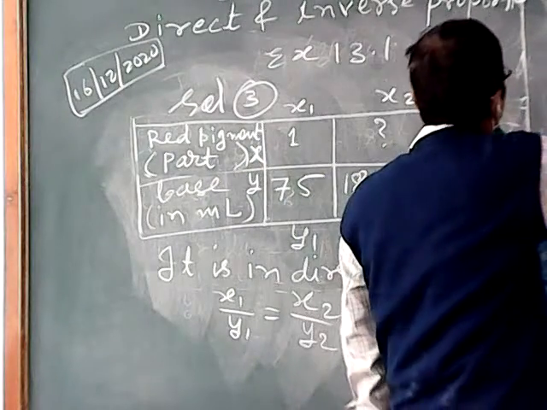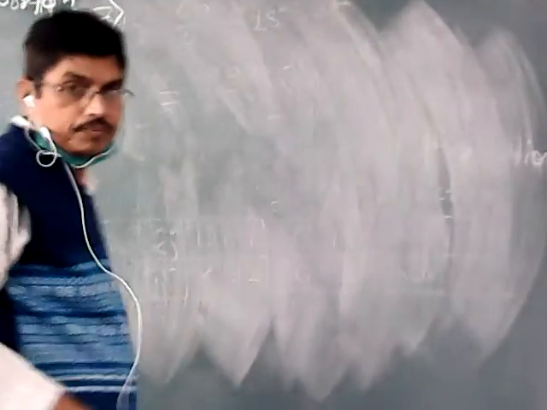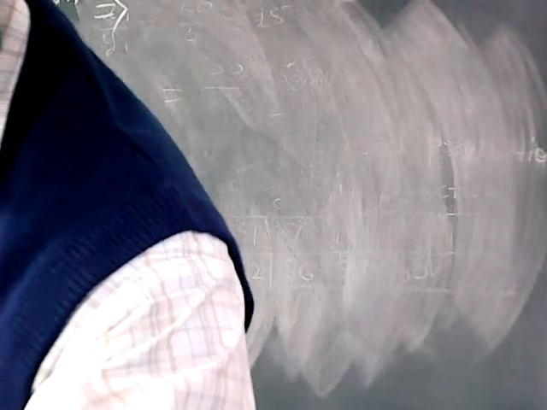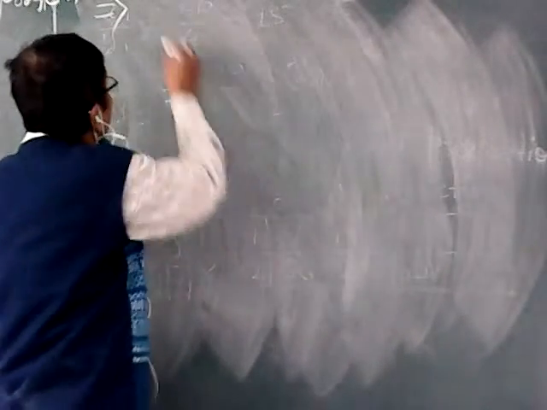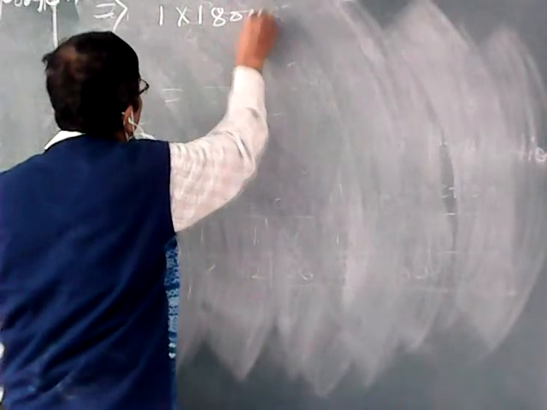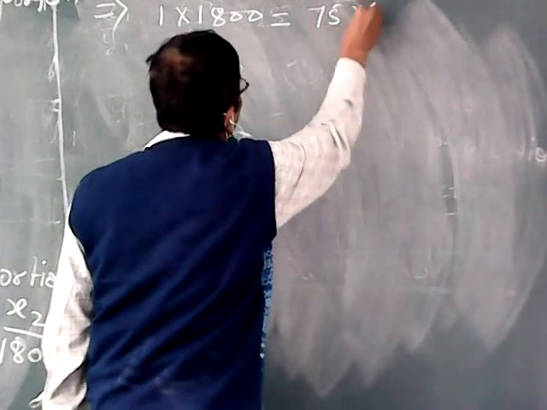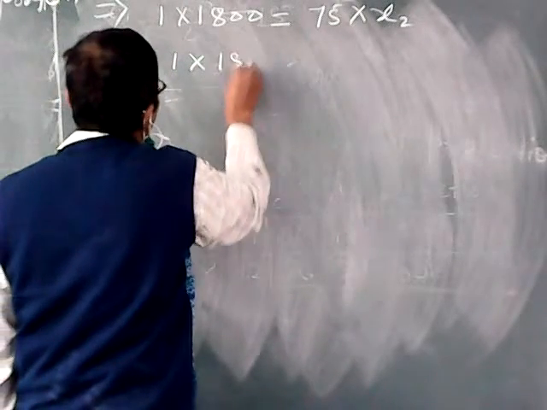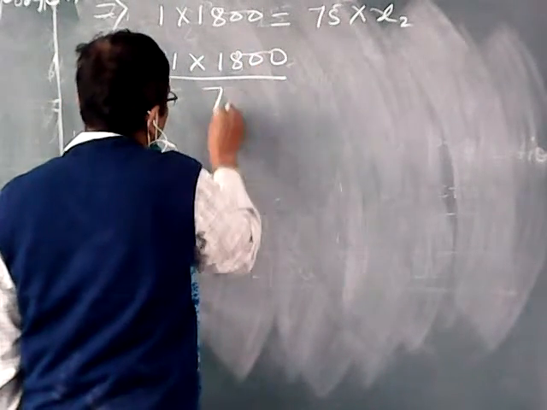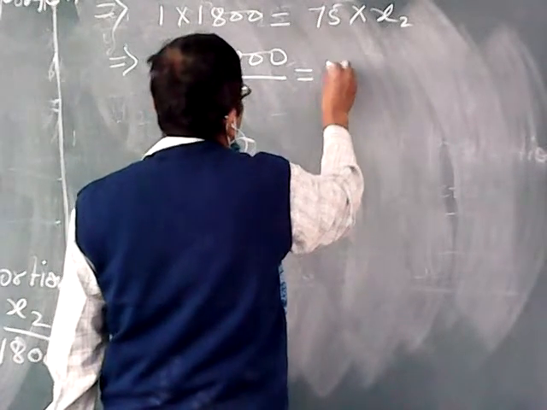By cross multiplication, you see, 1 into 1800 is equal to 75 into x2, or 1 into 1800 by 75 is equal to x2.